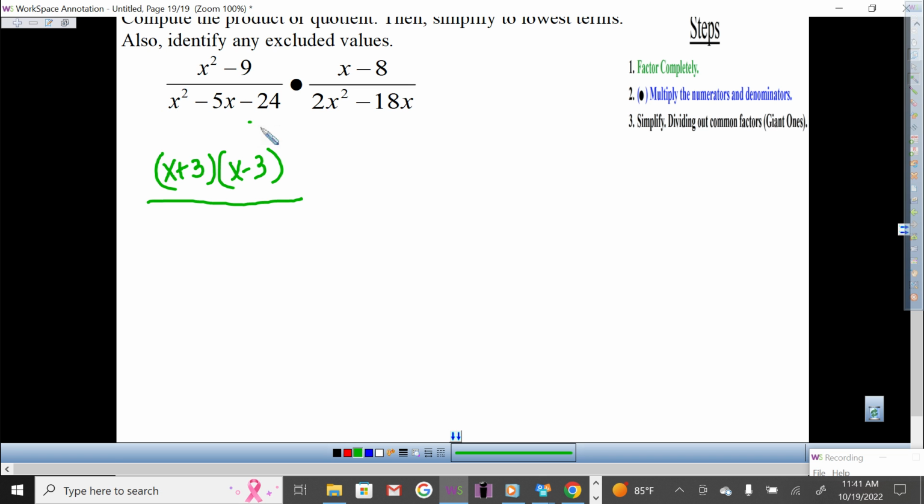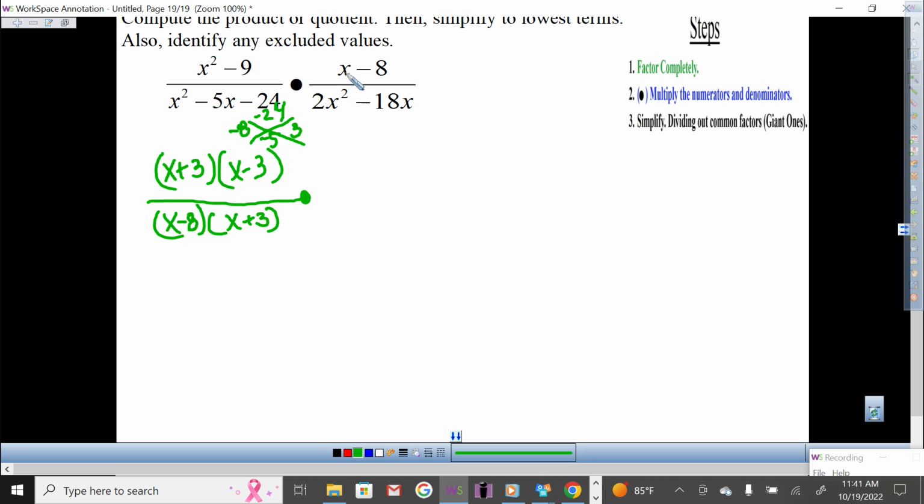No. So negative 24 and negative 5. Frida, factors of negative 24 that add up to negative 5. X minus 8, x plus 3. Thank you. So negative 8 and 3. Yes. Okay. Times.